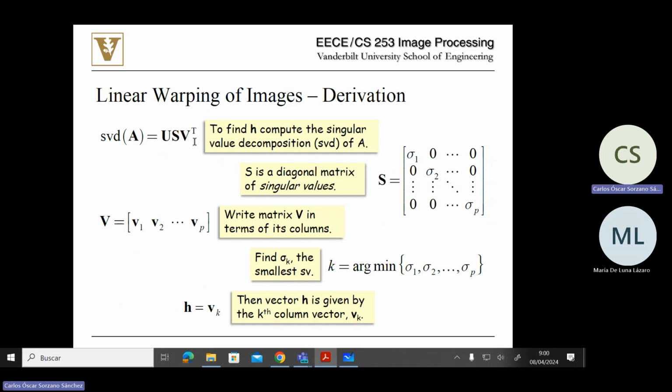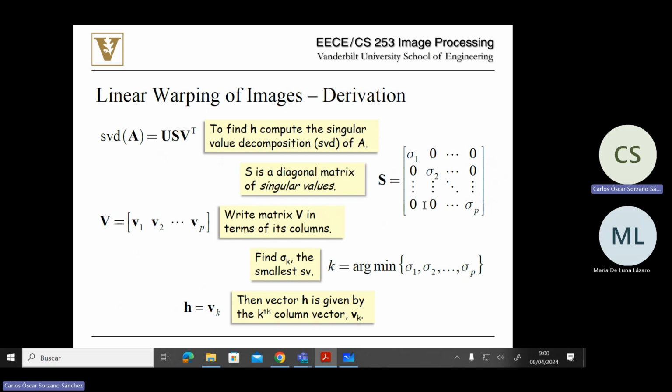U and V are unitary matrices, so they are rotations. And S is the diagonal matrix. Here it is shown only for square matrices. If it is not square, you will have more zeros on one of the sides. For a square matrix, it looks like this.